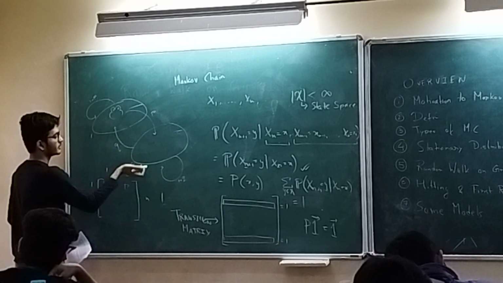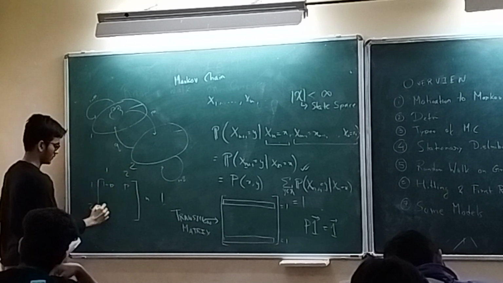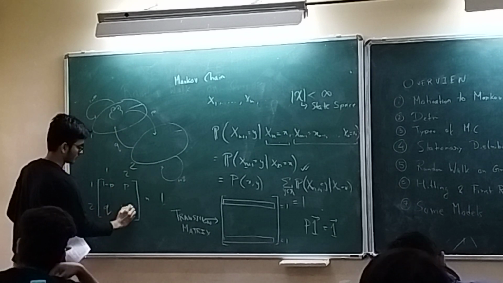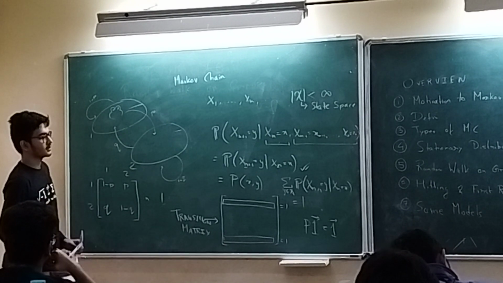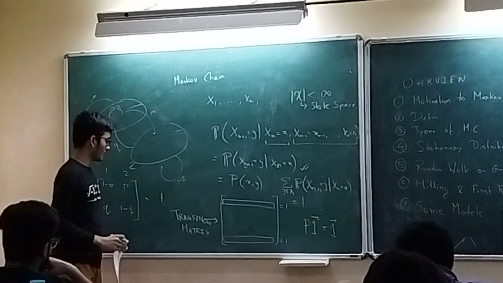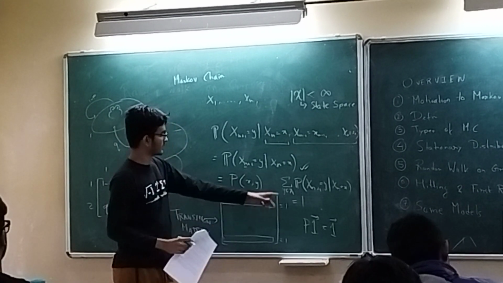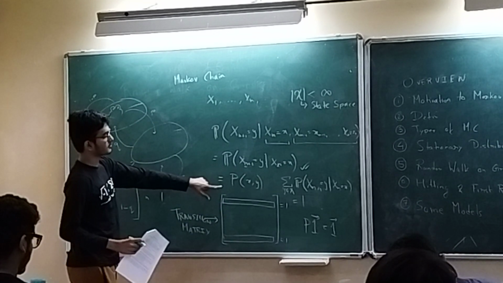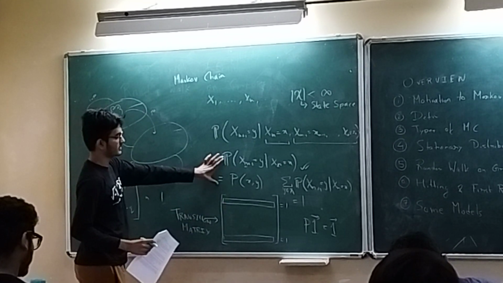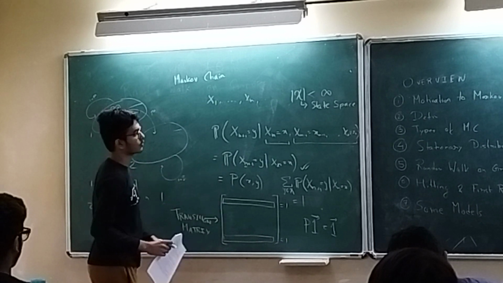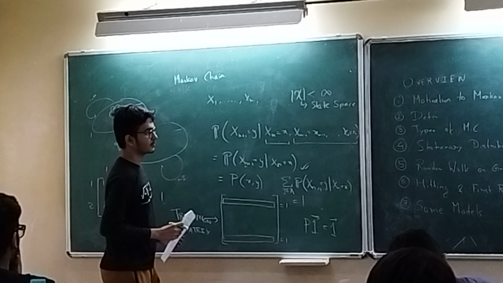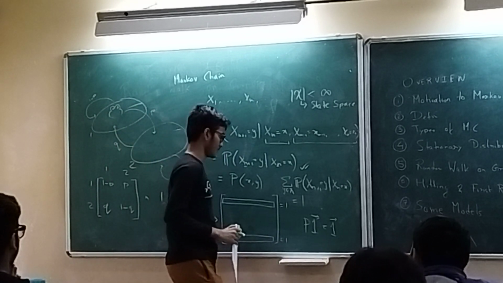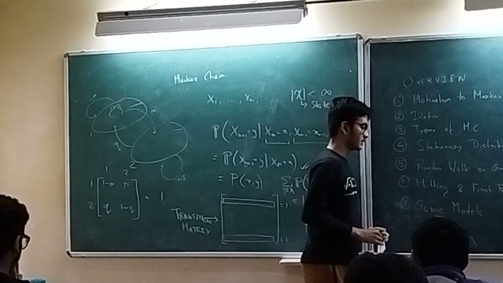And from 2 to 1, we will move with probability. And you know the sum is 1. And you can see that for some Markov chains, this thing holds, that it doesn't depend on time. It's called a homogeneous Markov chain. For every example we are going to discuss, it will be homogeneous. So whenever I say Markov chain, it will be homogeneous.